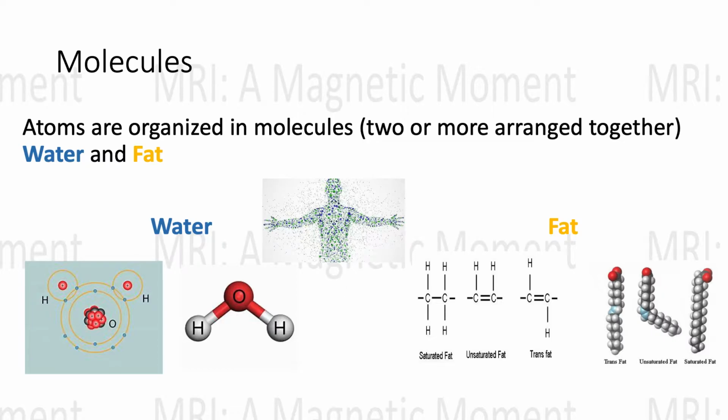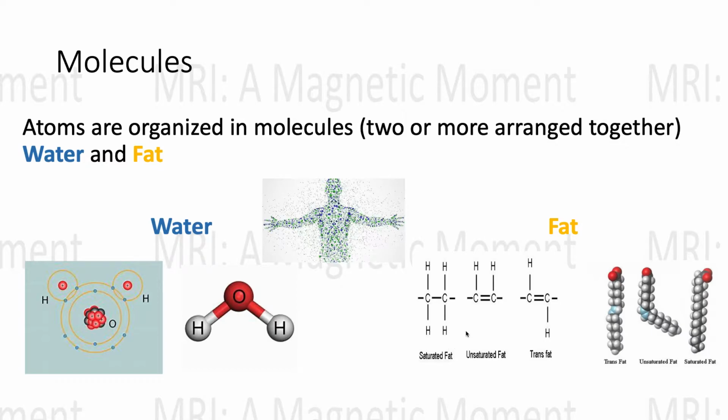molecules. A molecule, in essence, is a particle made up of two or more atoms. As you can see in a water molecule, there are two hydrogen atoms that are bound together with the oxygen atom, and in different fats, saturated fat, you have the carbon atom with the hydrogen atoms. They are bonded together.